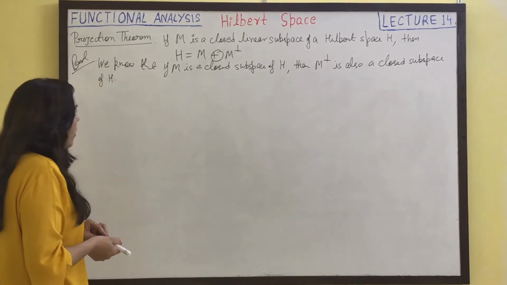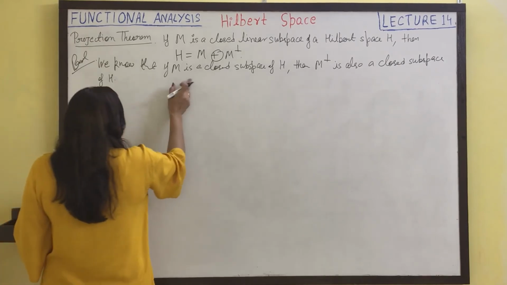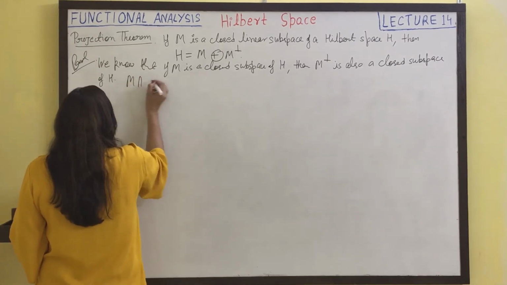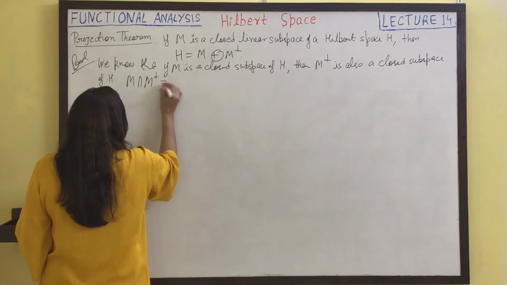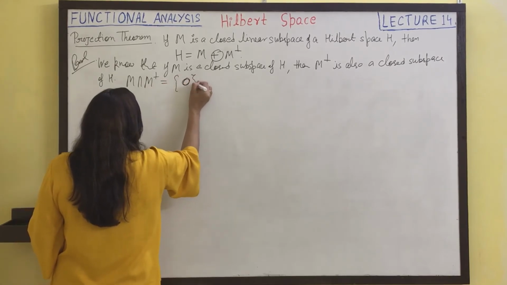Now M intersection M perp is equal to the set containing the 0 vector only.